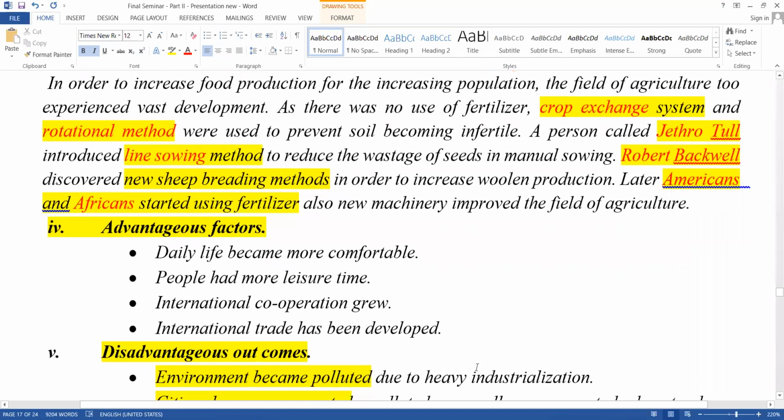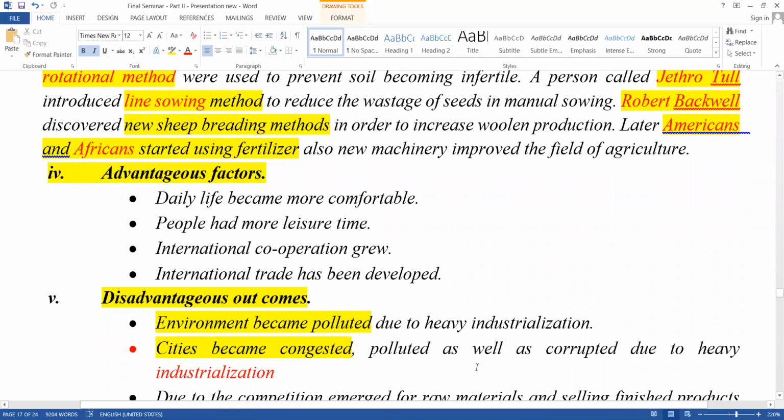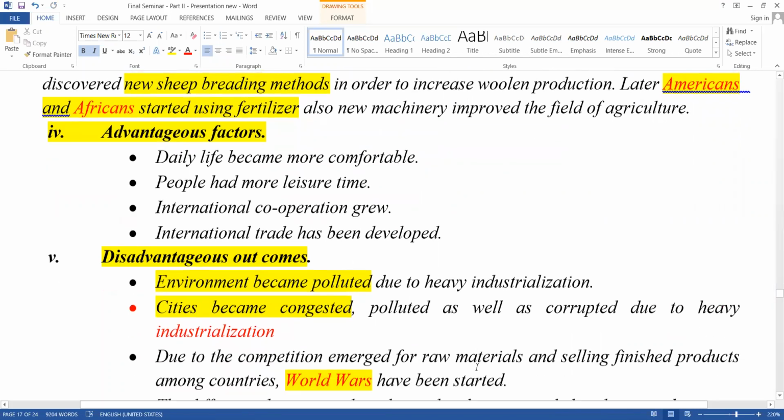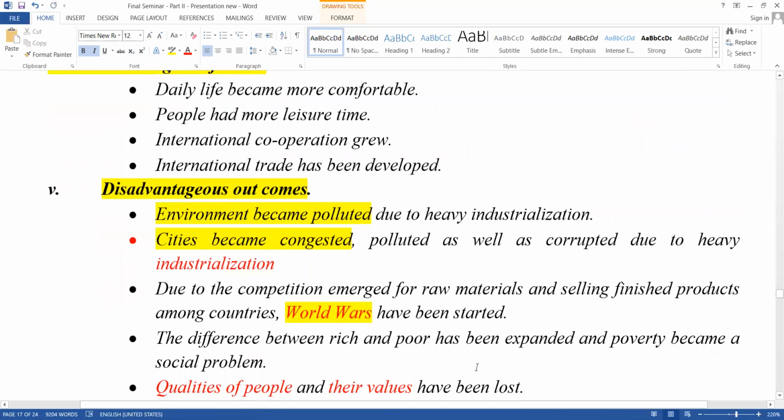And the disadvantages: the environment became polluted. Cities became congested and overpopulated, social problems occurred. Due to the competition for raw materials and for selling finished products, world wars emerged. The difference between rich and poor expanded. Poverty became a social problem. Qualities of people and their values were lost because of a money-minded society. These are the disadvantages of the industrial revolution.